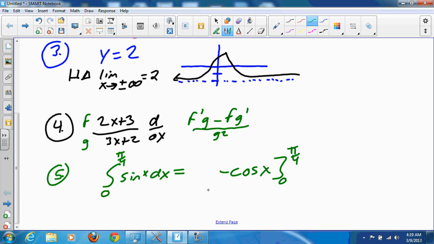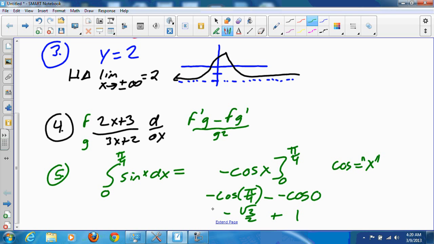Evaluating that, of course this is a non-calculator test, so make sure you have those values memorized. And then the cosine of 0, and just remember that cosine is all about the x, right? So here, of course, cosine of 0 is 1, so the answer is going to be something plus 1, and this would be the negative square root of 2 over 2.